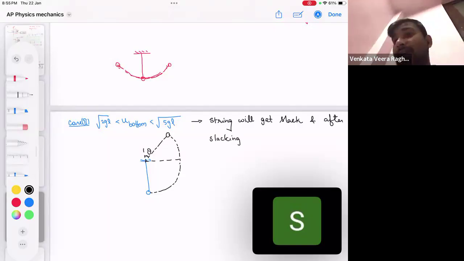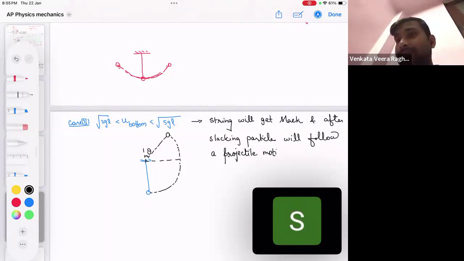And after slacking, the particle will follow a projectile motion onward.